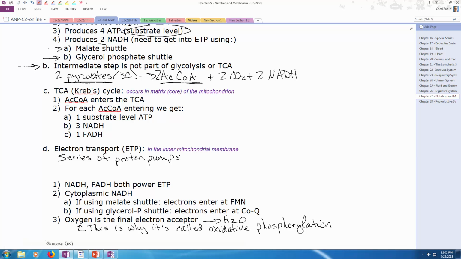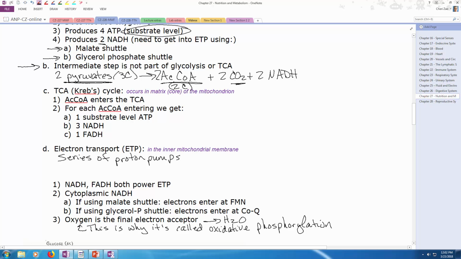So this is now 2 carbons in size. And whenever we go down in number of carbon atoms as part of a molecule, we will lose carbon in the form of carbon dioxide. So keep that in mind.